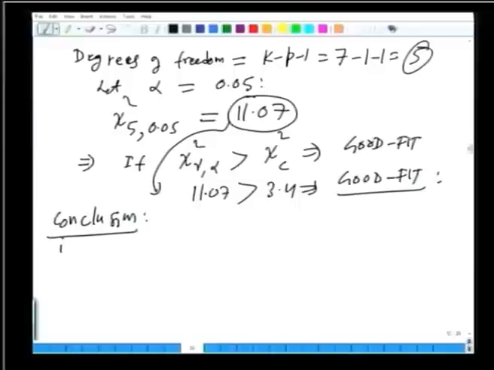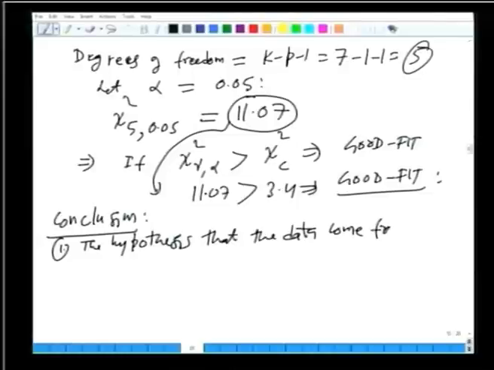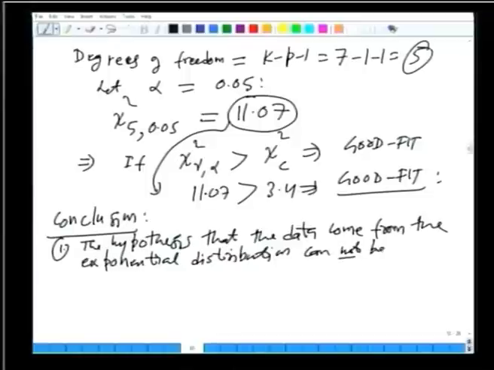One of them we will say is that the hypothesis that the data come from the exponential distribution cannot be rejected at 5% significance level, or you can say 95% confidence level, any of these two things.